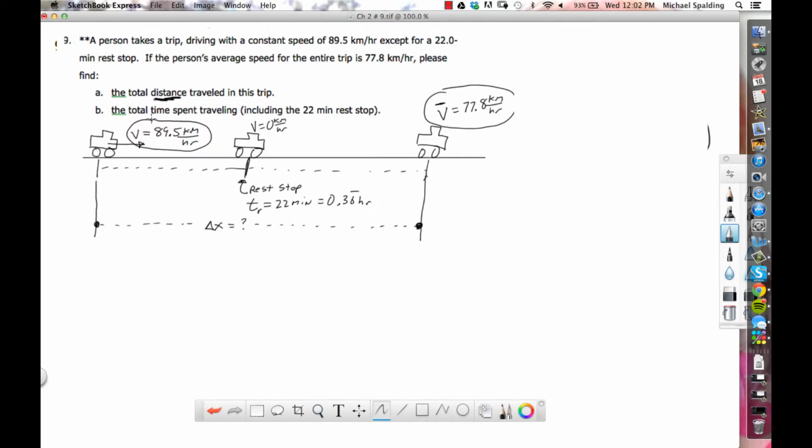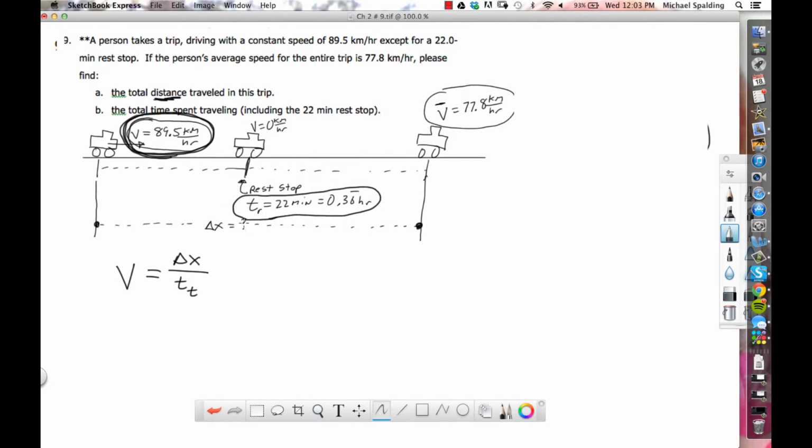It has to do with writing an equation for each of these velocities or these speeds. So let's start with this. What can we say about the instantaneous velocity? The velocity while in motion. The velocity while in motion is going to be delta x divided by what? The time of travel. So I'm going to put t sub t. So we have t sub r. What was t sub r?